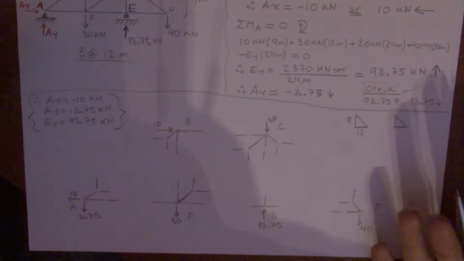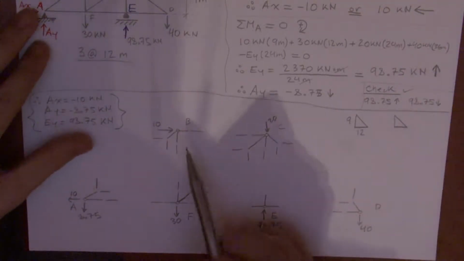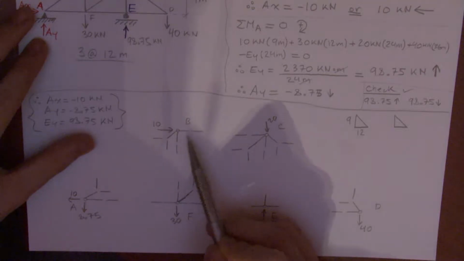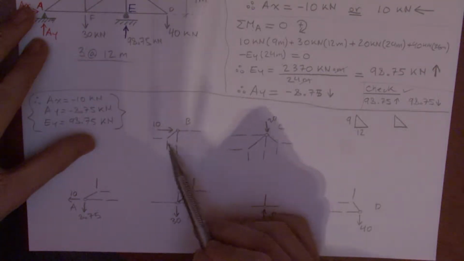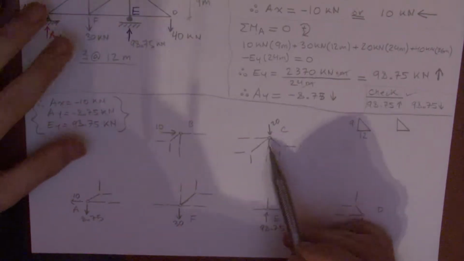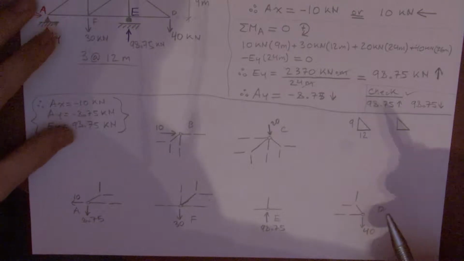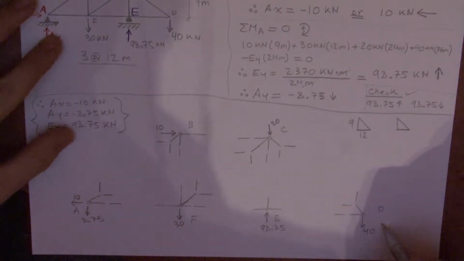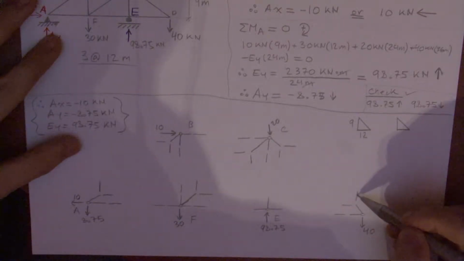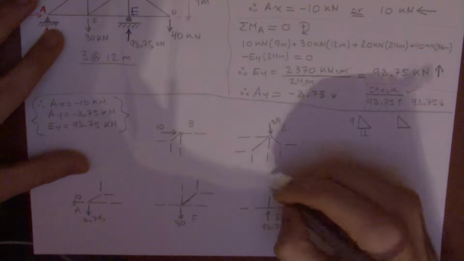So where do you start? Now that we've put in all the information we have, you can't start here obviously because you have 2 unknowns and you don't even know what these are. You can't start here, excuse me, because you have 3 unknowns. The places you can start are at D, because you only have one known and one unknown in the Y. Actually, I forgot to add these in here.